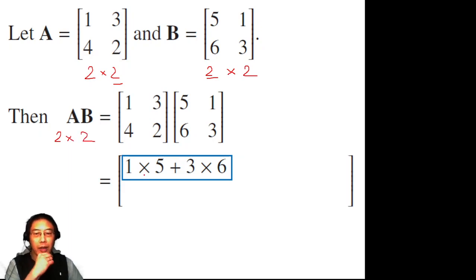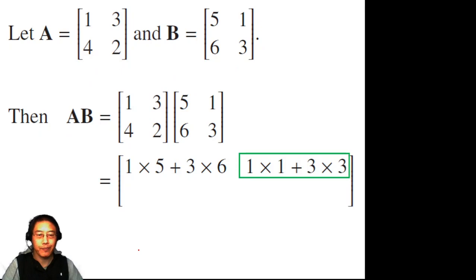Now we want to find the value of each entry. First entry is row 1, column 1. What you do now is you look at row 1 of the A matrix, the matrix on the left, and column 1 of the second matrix, and you take the corresponding entries, so 1 and 5, 3 and 6, you multiply them together and then you do the sum.